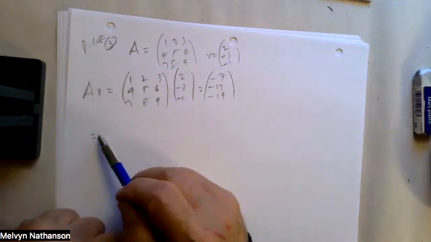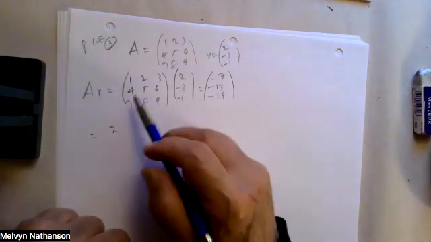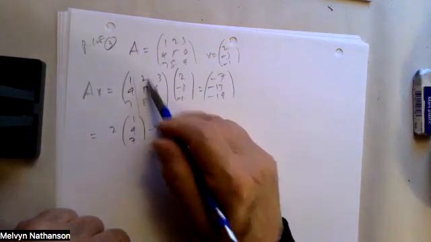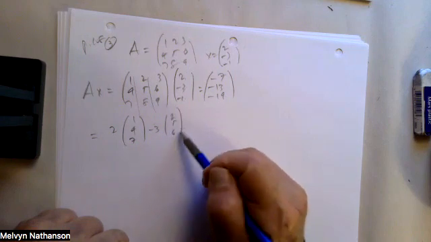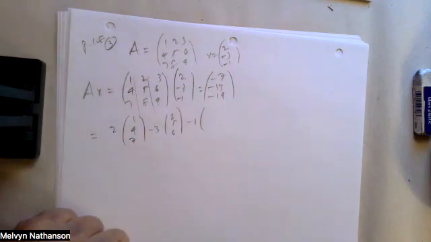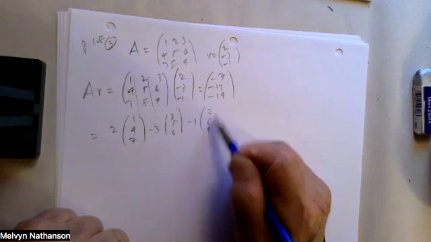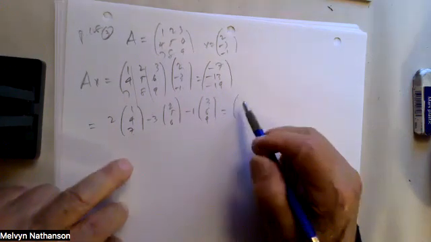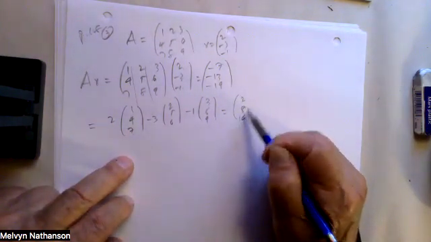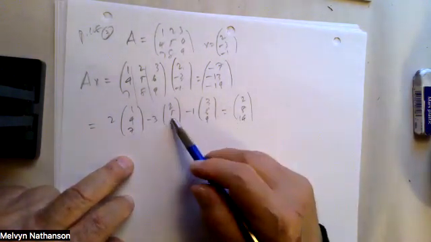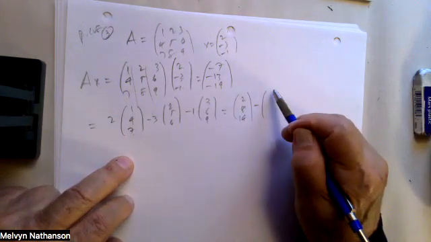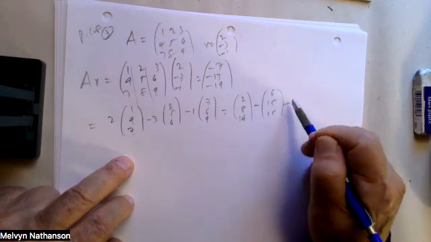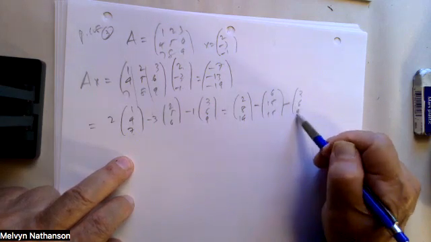But this should also be the same as 2 times the first column, minus 3 times the second column, minus 1 times the third column. So let's check. 2 times the first column is (2, 8, 14). Minus 3 times the second column is (-6, -15, -24). Minus the third column, (-3, -6, -9).